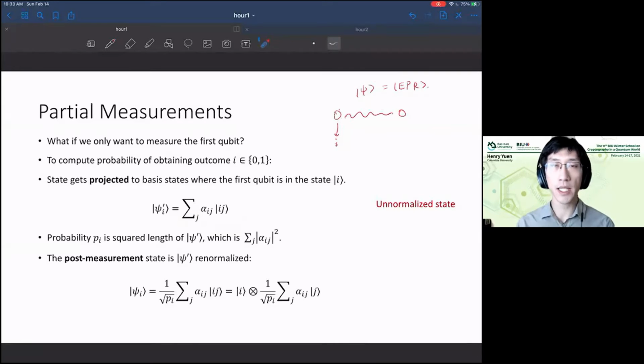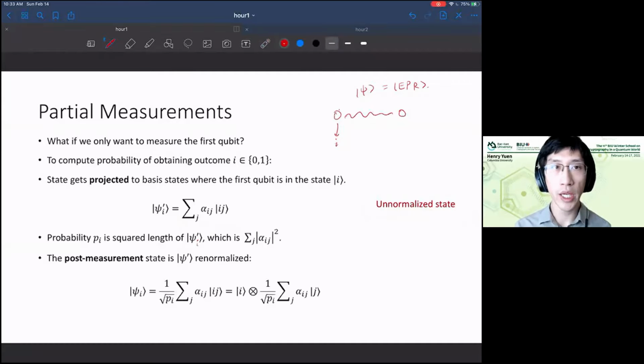All right, so you're just basically deleting terms from your sum. So this is going to be an unnormalized state. And to find out the probability of this outcome, you just have to take the norm squared, the length squared of the state psi prime, technically psi prime i. So that's the probability of the outcome.